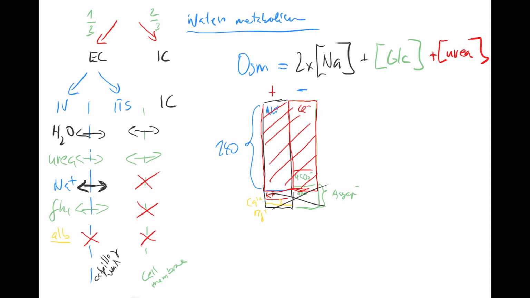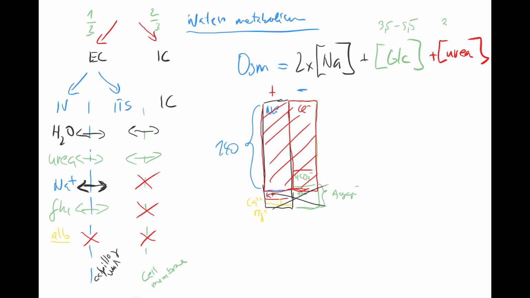Look at this. Maybe I can forget glucose and urea as well, because what is the normal glucose level? It's 3.5 to 5.5. That's nothing. It's like potassium, so I can forget it as well. And what about urea?